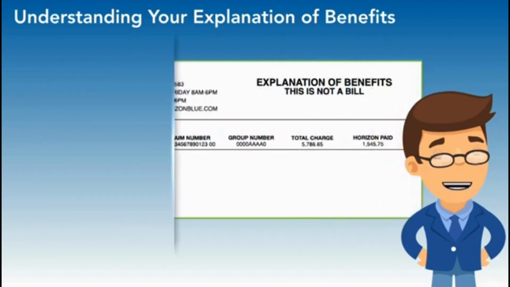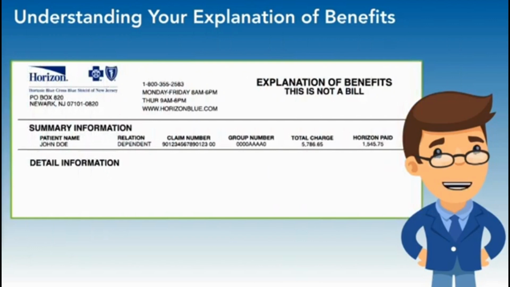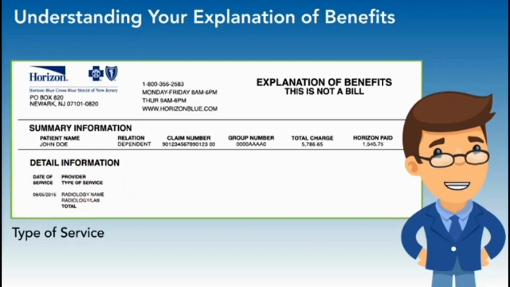In this example of an EOB, you will see date of service. This is the date services were provided to you. Type of service, which gives a brief explanation of each service provided. Billed amount, the full amount charged by the doctor, other healthcare professional, or facility for each service.